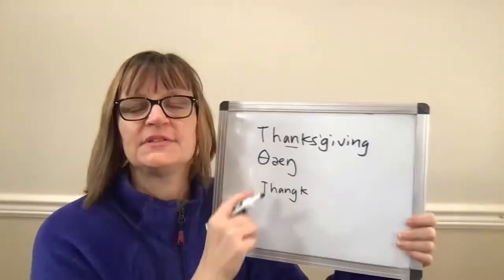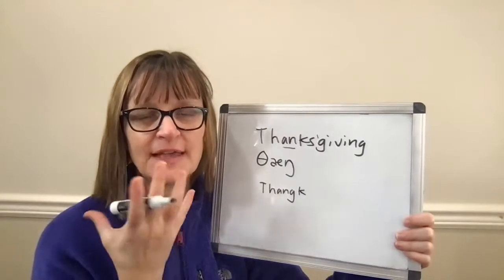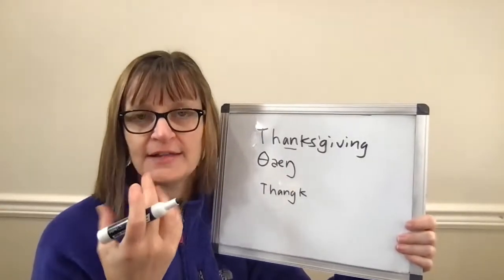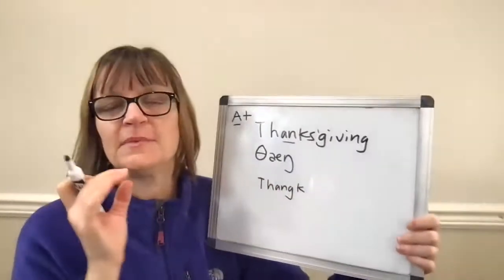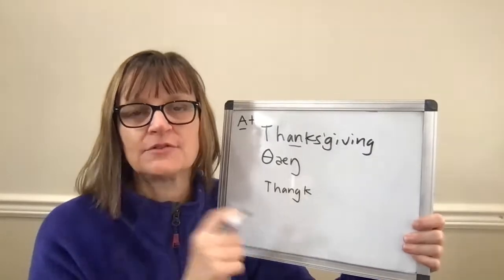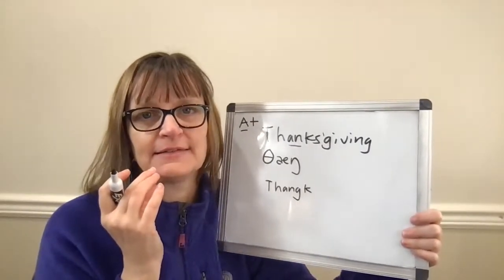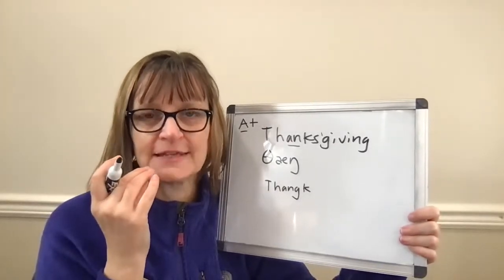But what happens is when I'm saying the a together with the NG, it'll sound a little bit more closed. So if I'm saying something like that or at Thanksgiving, it's easier for me to do that open a sound. When I move into Thanksgiving, at Thanksgiving, you can see my mouth isn't as open for the Thanksgiving part.